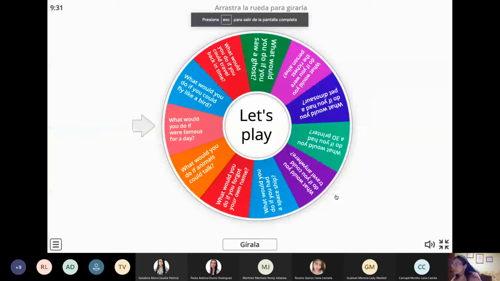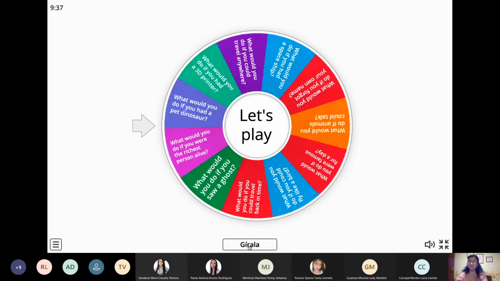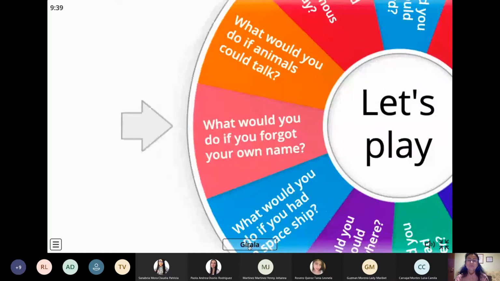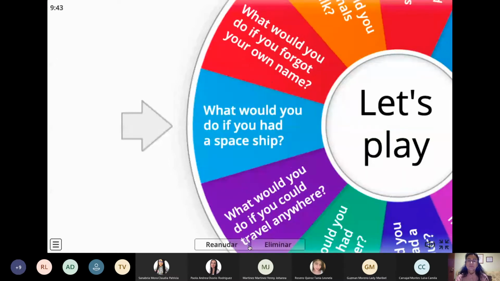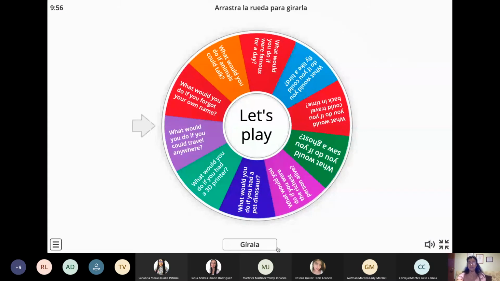Next question, a couple of questions, and we continue with collaborative project. Okay, I remember that this conditional was in the last class, no? What would you do if you had a spaceship, que es una nave espacial? No, let's look for another question.